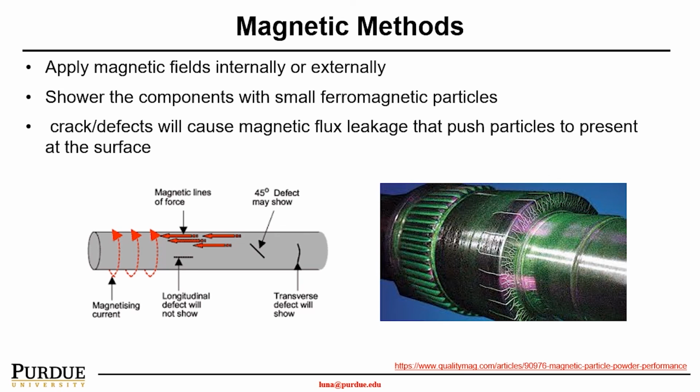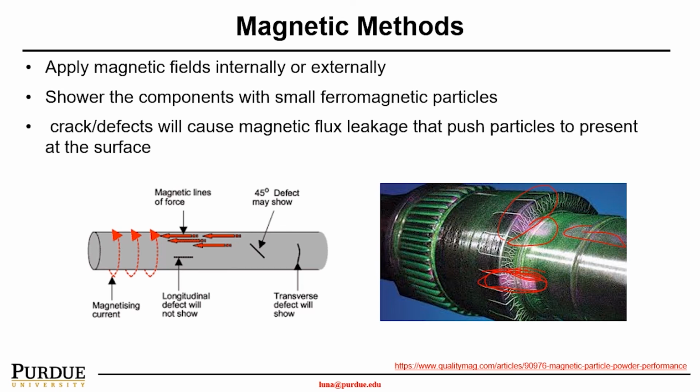Basically, we use small ferromagnetic particles and pass them over the material, and if there are defects, depending on the orientation of the defects, that will cause magnetic flux leakage, which pushes the particles out. For instance, in this case, we can see this purple color showing on the surface, so it's highly likely there may be some small fatigue-induced defects in these parts.